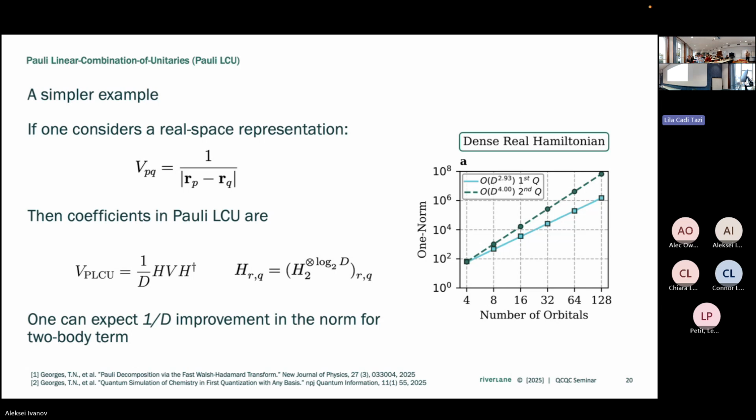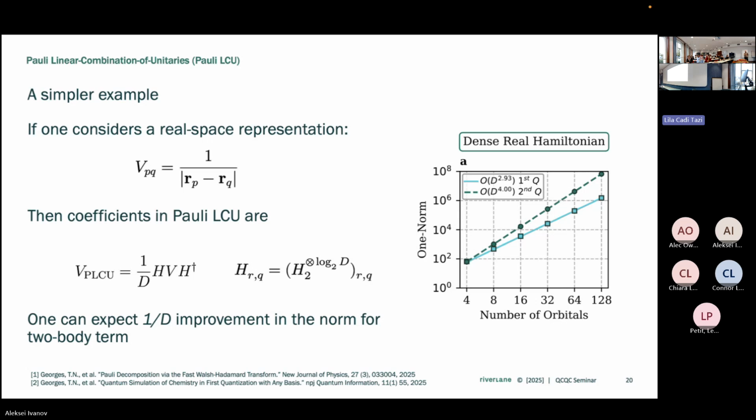When you consider second quantization and do the Jordan-Wigner mapping, LCU coefficients will be proportional to this V. But here you can see they are transformed. If V, for example, has a norm which scales quadratically with the system size, you just apply a unitary transformation, meaning that this matrix also has a norm which scales quadratically with the system size, but then you divide by 1 over d. So what you can expect is that the norm of this matrix does not scale as fast as in second quantization or as in the original Hamiltonian.